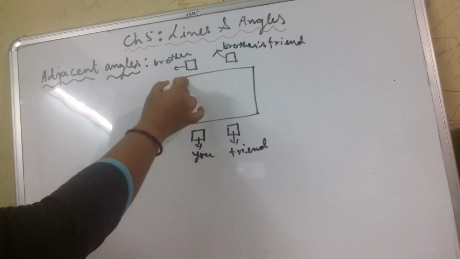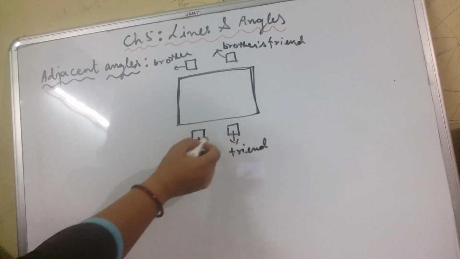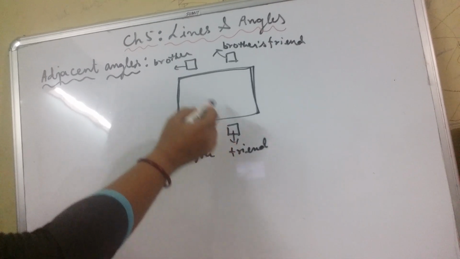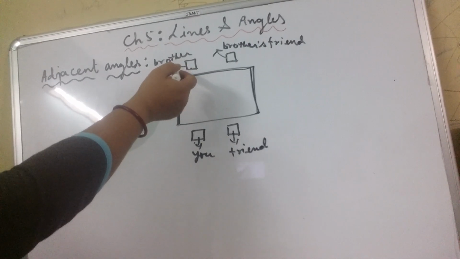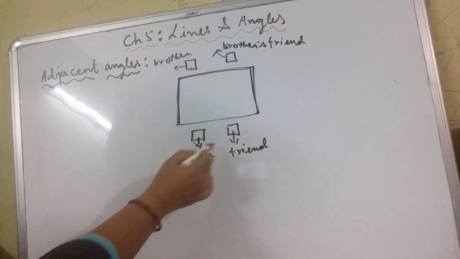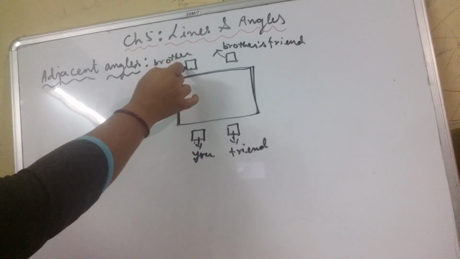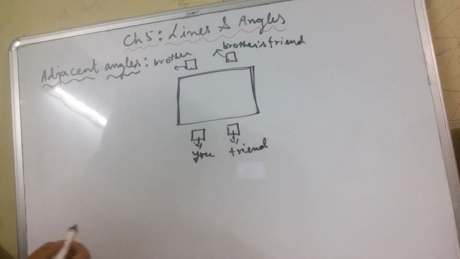Say it's a table. Four chairs are placed here. Two chairs are on this side of the table, and two chairs are on the opposite side. Here you are sitting, and here your friend is sitting. Here your brother and your brother's friend are sitting.